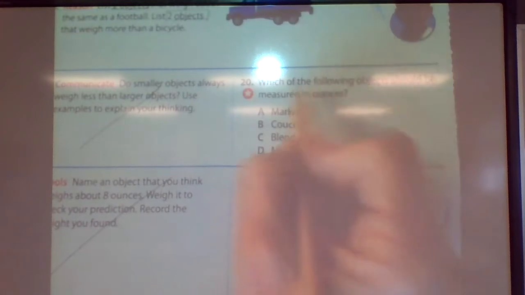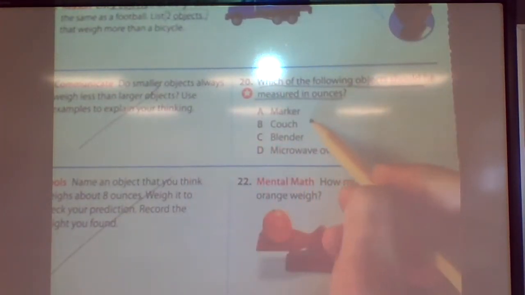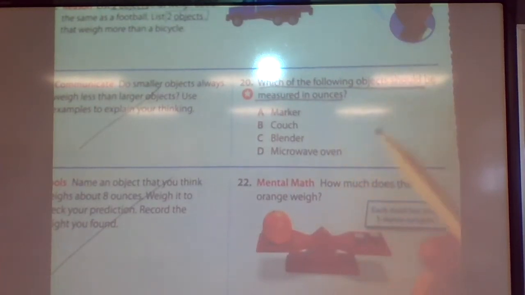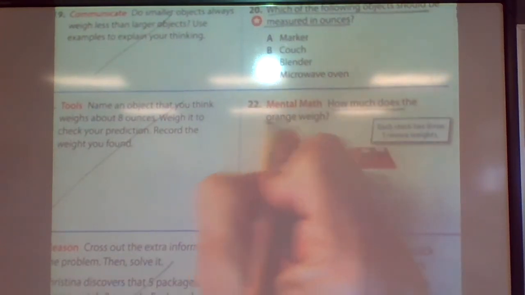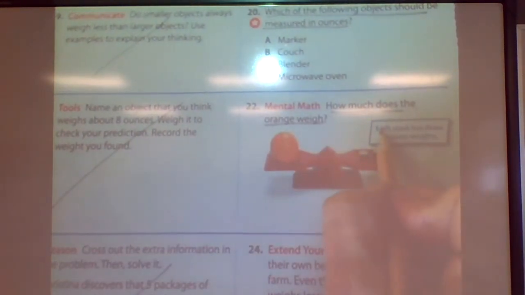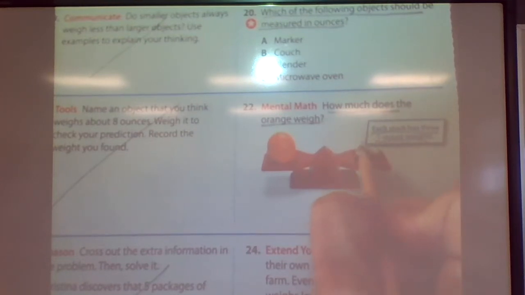Number 20, which of the following objects should be measured in ounces? A marker, a couch, a blender, or a microwave oven? You're going to answer that. Number 22, how much does the orange weigh? It says in here, each stack of weights is about 1 ounce. So this is 1 ounce and this is 1 ounce.